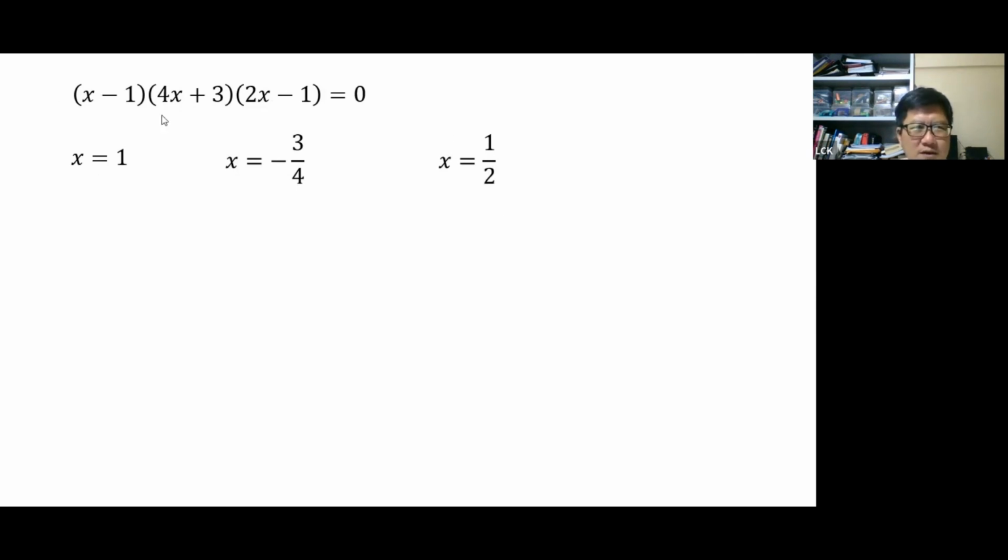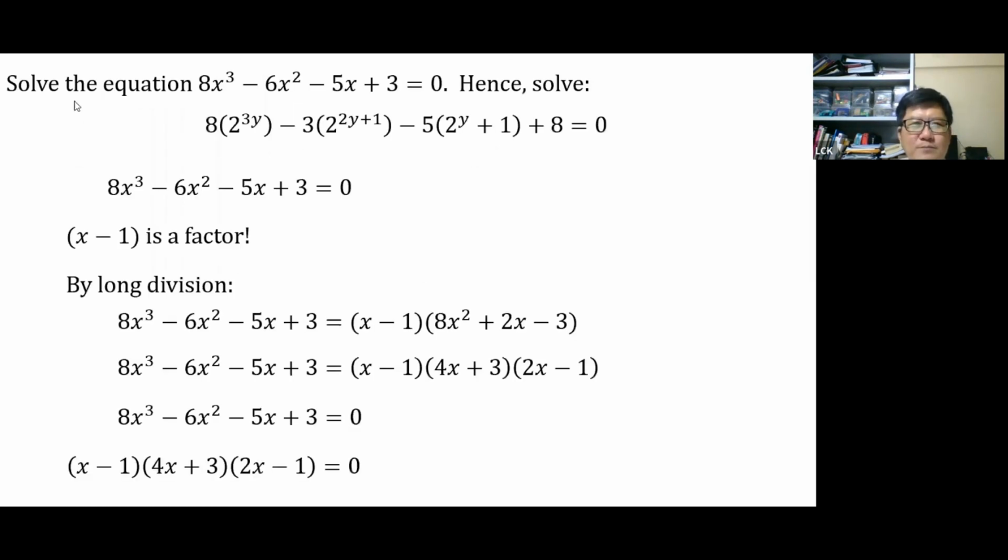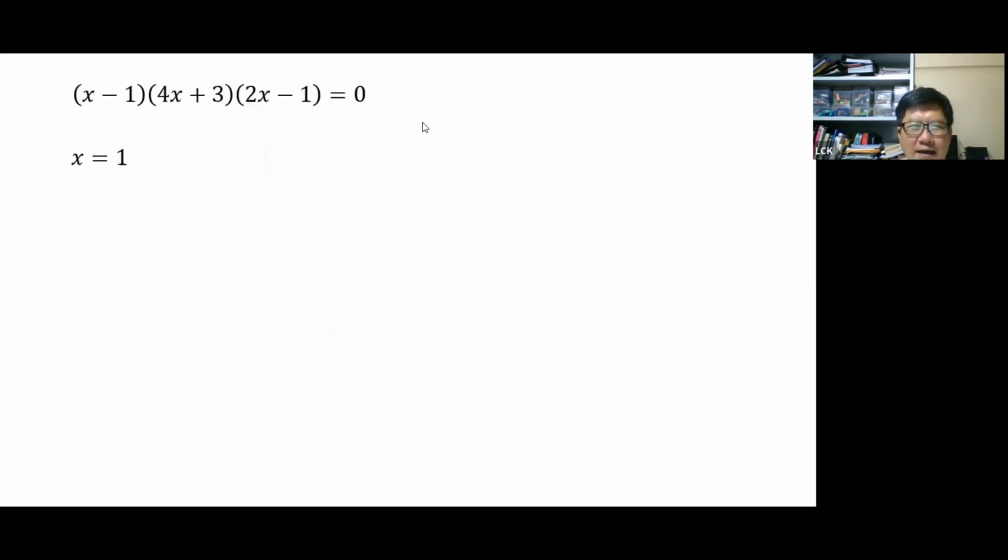This comes from here, this comes from there, and that comes from there. So this part is done. Solve the equation: this particular equation is already done. The solutions are x equals 1, minus 3 over 4, and a half. I've solved it.